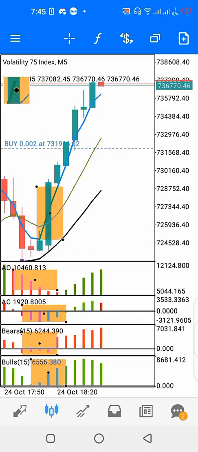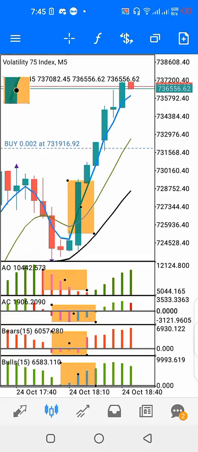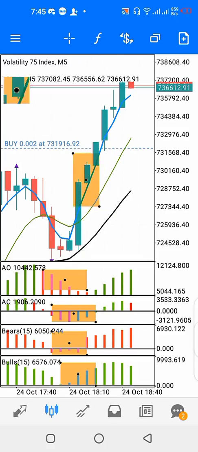Okay, on the main window, I have 3 moving averages. I have the blue color, which is the smallest period moving average, and it's above the green and the black.